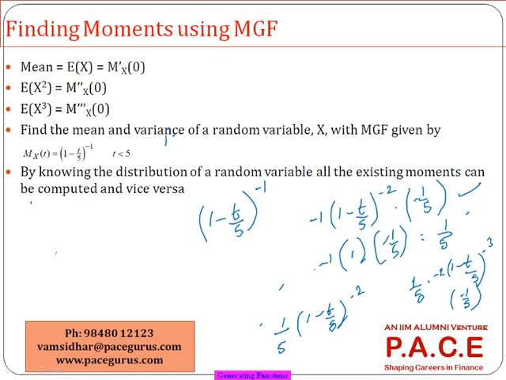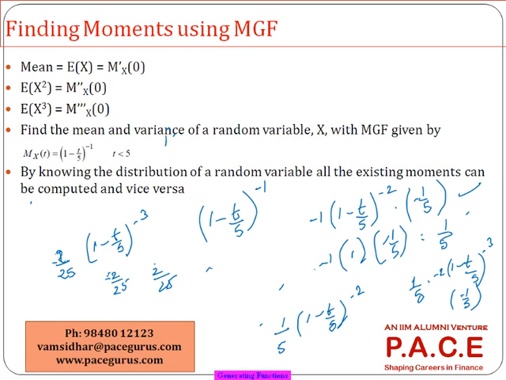So again taking out all the constants, minus 2 by 25 I am taking it as a constant, into 1 minus t by 5 to the power minus 3. This is what is there. So I substitute t equal to 0. I am getting minus 2 by 25 into 1 to the power minus 3, which is again 1. So I am getting expected value of x squared is 2 by 25.